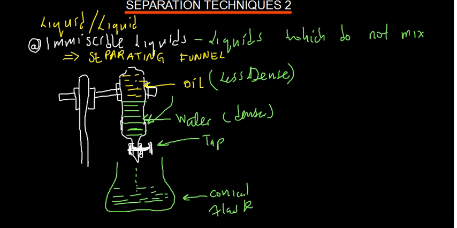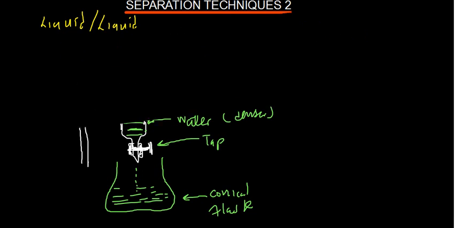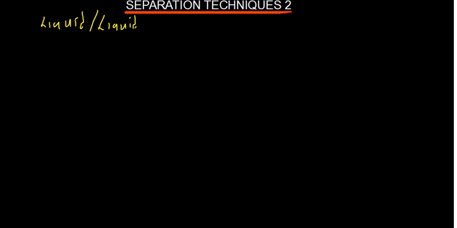Now, we also have some liquids which join completely. Okay? We also have some liquids which are able to join completely. Now, how do you separate such liquids? Those liquids which completely merge, or those which mix completely, we call them miscible liquids.